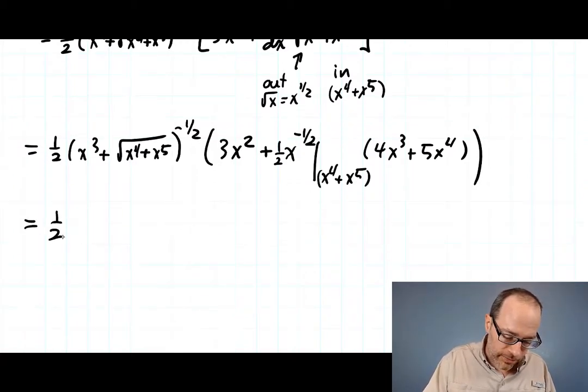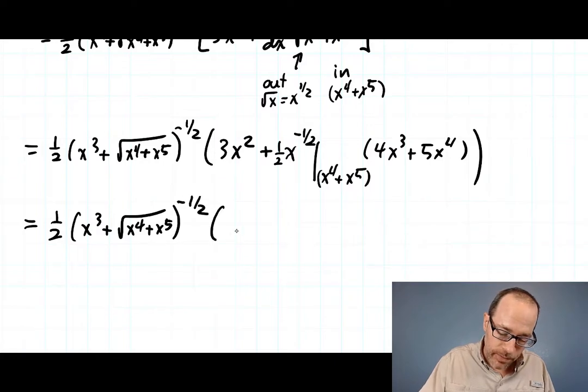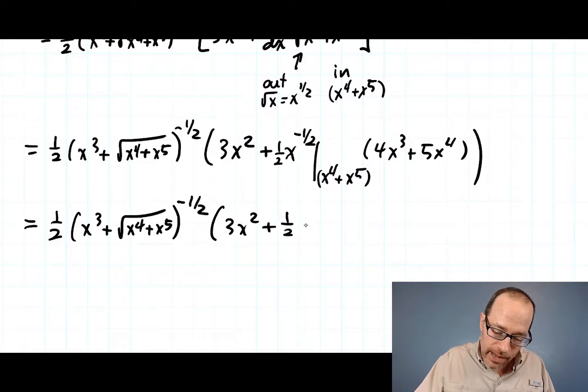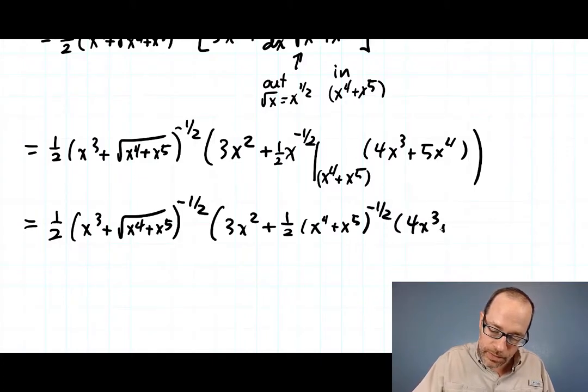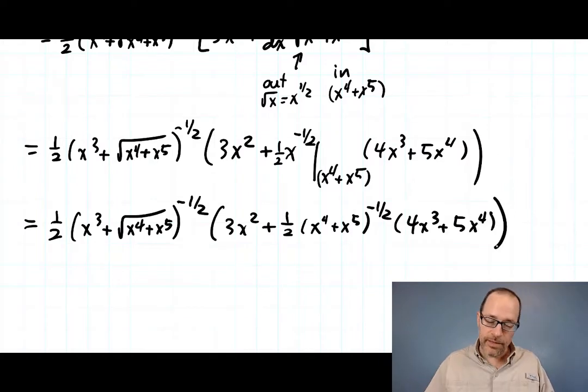We get 1/2 times x cubed plus the square root of x to the fourth plus x to the fifth, all to the negative 1/2 power, all times 3x squared, plus 1/2 times x to the fourth plus x to the fifth to the minus 1/2, times 4x cubed plus 5x to the fourth. And that's it.